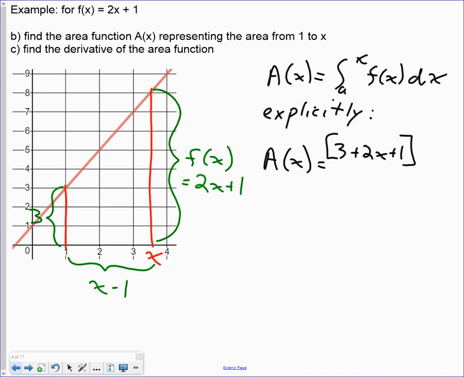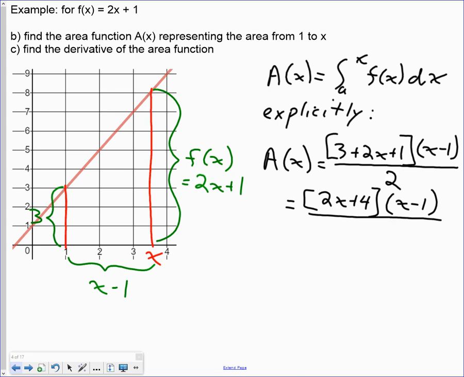We want to multiply those by the height, which is x minus 1. Divide all that by 2. Okay, and now let's simplify this. So we get 2x plus 4, x minus 1, all over 2.